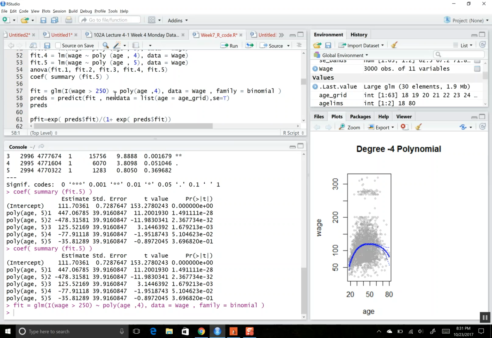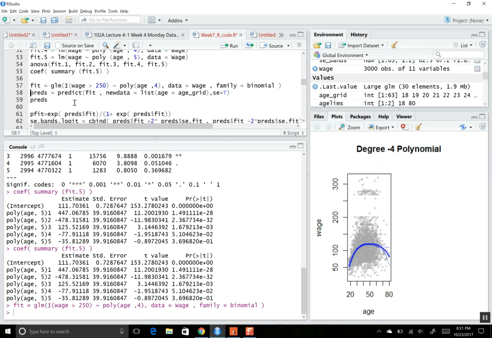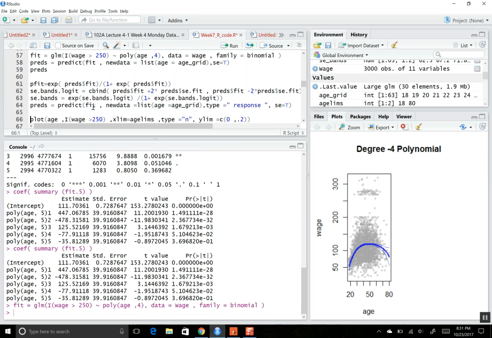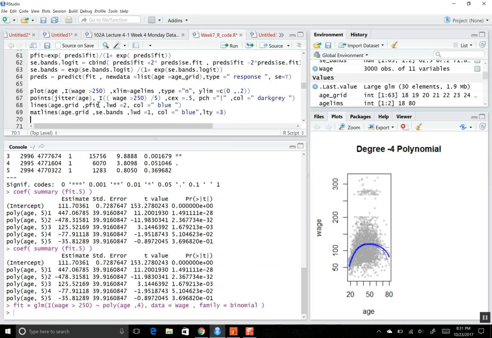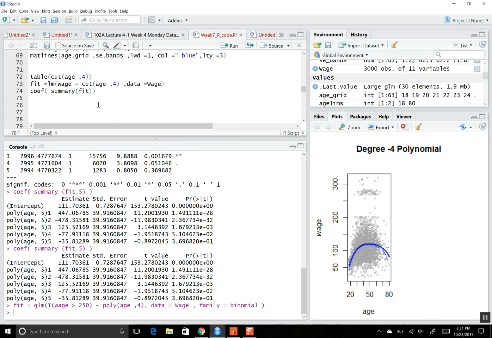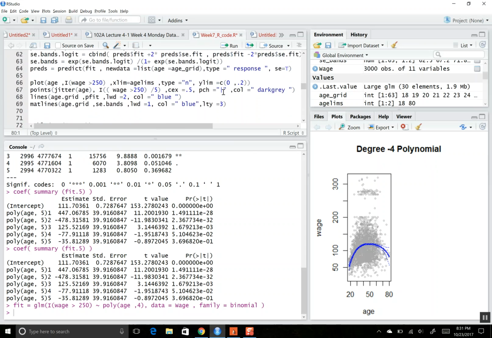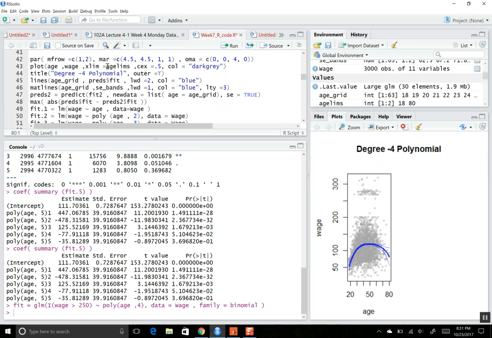Okay, so yeah, this is a logistic model. We haven't covered that, so I'm going to just skip this. I'm taking the code from the textbook, so we'll skip that. Standard error bands on the logistic there. We don't want that. Okay. All right, so this is fitting a fourth order polynomial. Let me change my MF row.